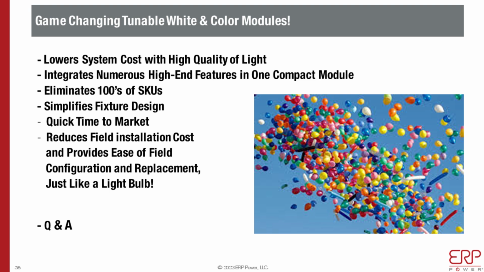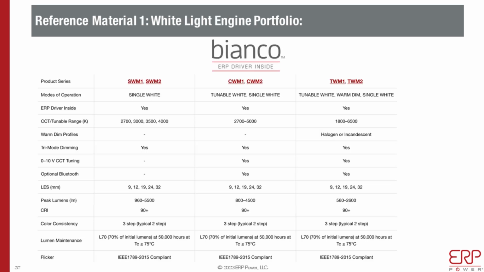Next question. Could you give us the average lumen output of the TWM1 and 2, please? Yeah, let me show you the next slide. So this is part of the reference. Think of TWM2 as about 2,500 to 2,600 lumen.